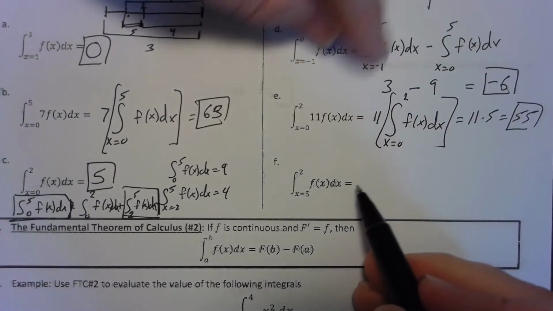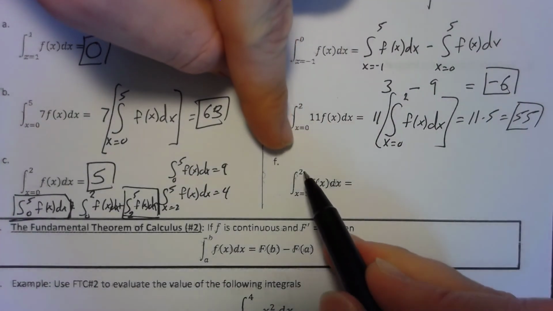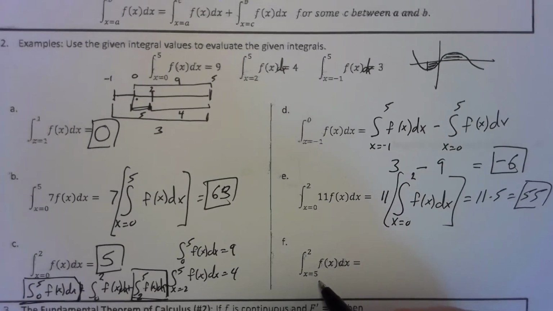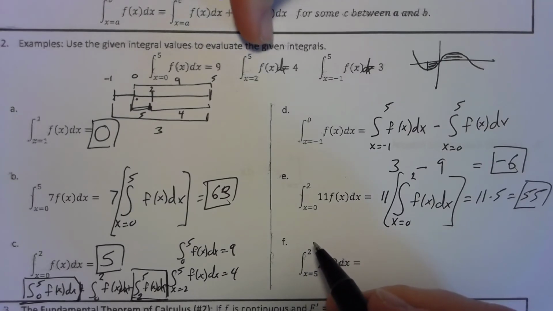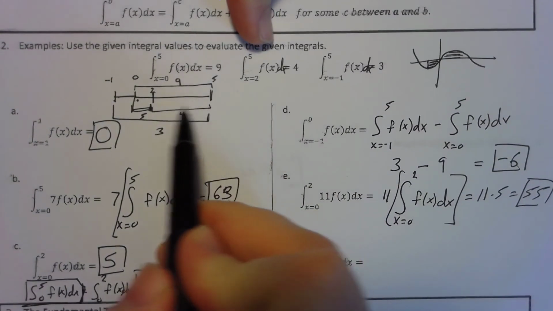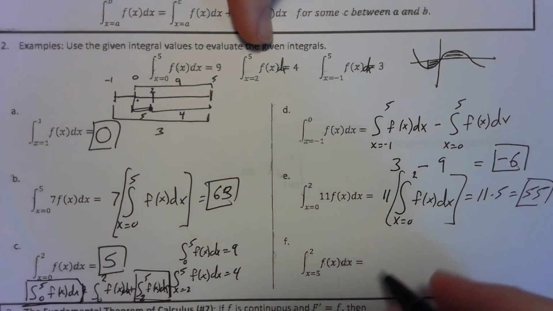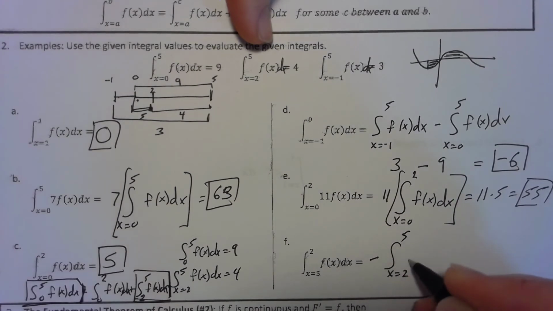And then finally, this one right here, we're going from 5 to 2. So now remember, if I'm going to count values backwards, this is not from 2 to 5, this is from 5 to 2. So it's the same as this integral, but since I'm counting the area backwards, from right to left instead of from left to right, this area ends up being the negative of that integral from x equals 2 to 5 of f of x dx.